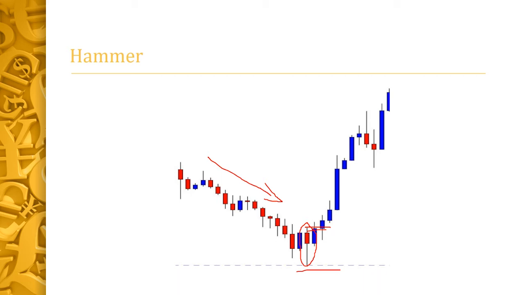And in this case this trade will be a winner trade.